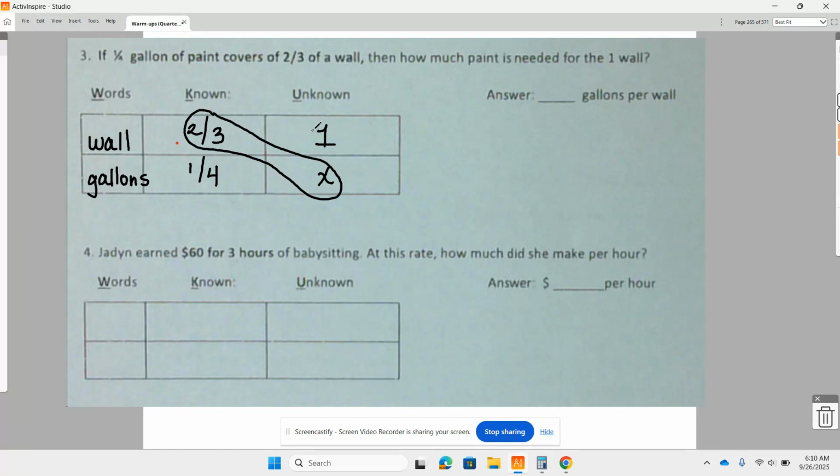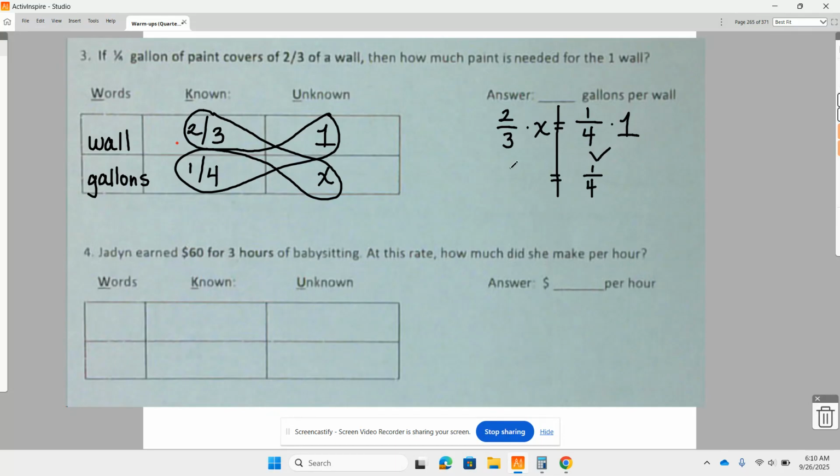Let's try that strategy. So 2/3 times X equals 1/4 times 1. So we know 1/4 times 1 is 1/4. Divide both sides by 2/3.